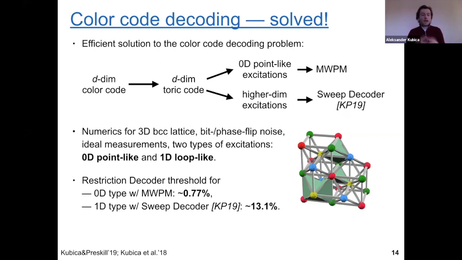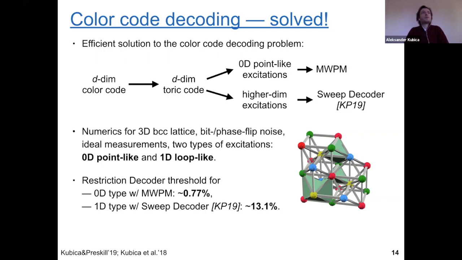And for higher dimensional objects, you will have quite a few different colors of excitations, and you would need to be able to match them correctly. But the general idea is very similar to the one I depicted in 2 dimensions, which is you consider only some subsets of your excitations, and within those subsets you can do the matching. For point-like excitations, you can do it with minimum weight perfect matching.